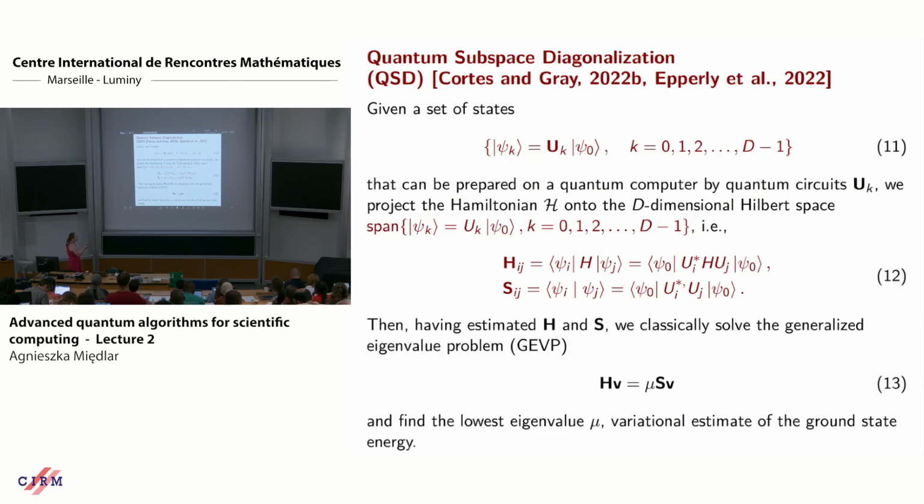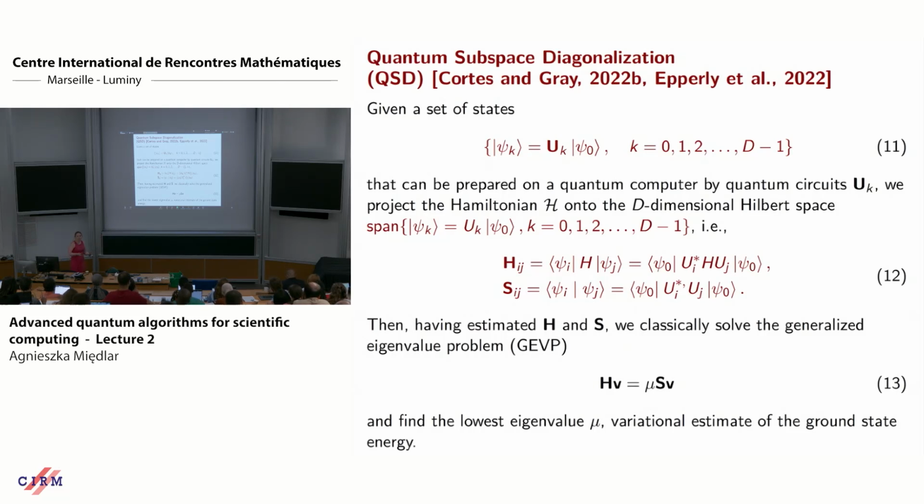So I will need an initial state and the ability to apply a unitary operator to it to define some additional states. In particular, I will need d of those states. In other words, I have to be able to prepare states phi 1 to phi d.